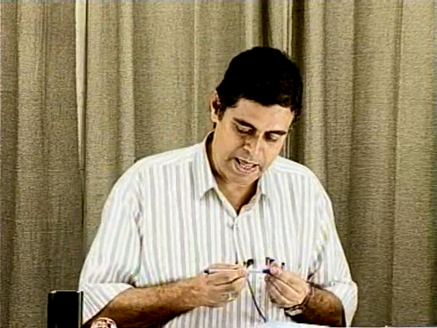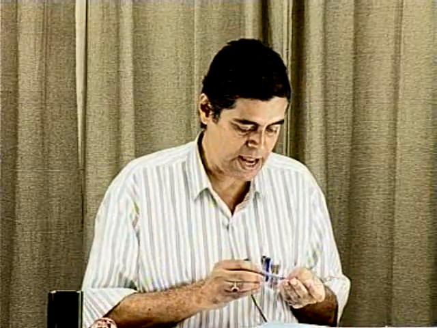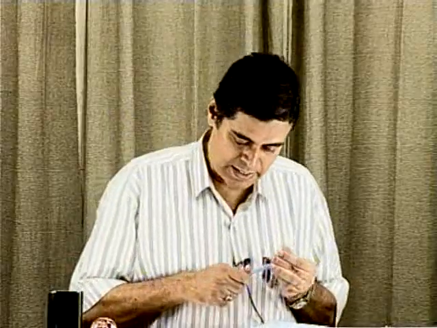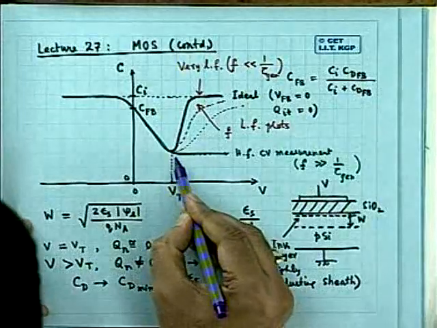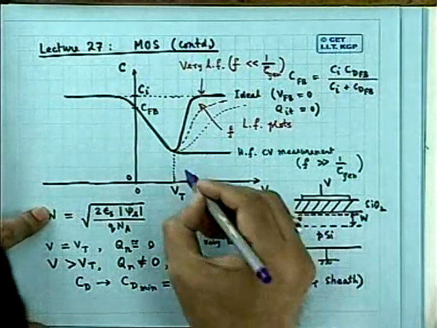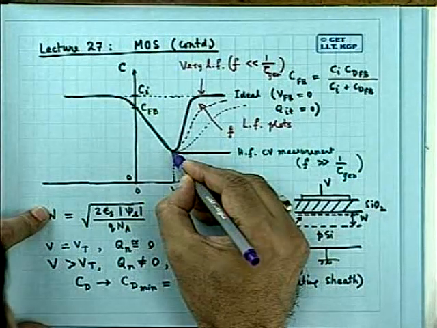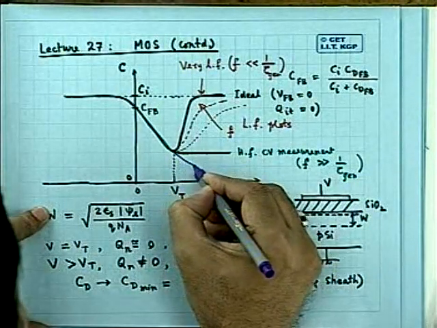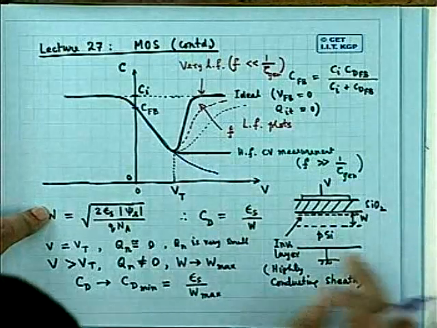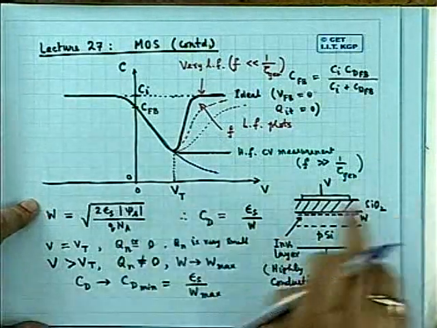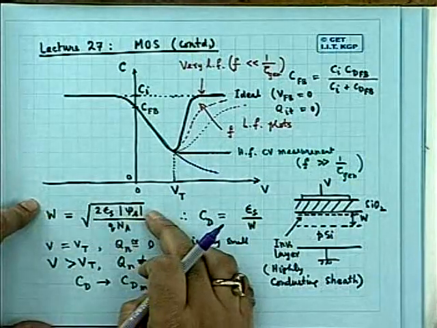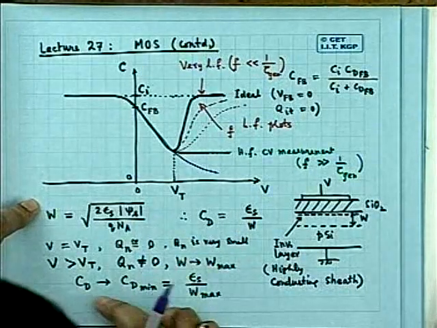So if instead of applying DC voltages in steps at steady state, we apply a voltage which increases rapidly with time, then this saturation effect will not take place. In fact, this capacitance will be falling and falling and falling. And ultimately, for large bias, if the breakdown does not occur, W tends to infinity, and as a result, CD tends to 0.